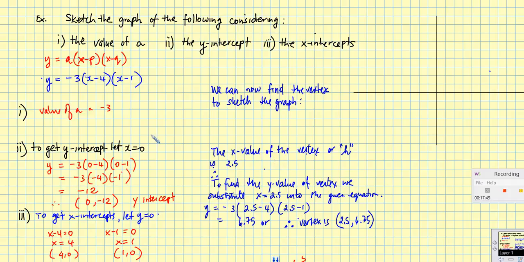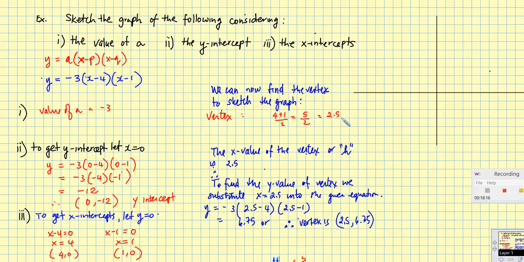So to get the vertex, I take the average of the two x-intercepts: 4 plus 1 divided by 2 is equal to 5 over 2, which is equal to 2.5.